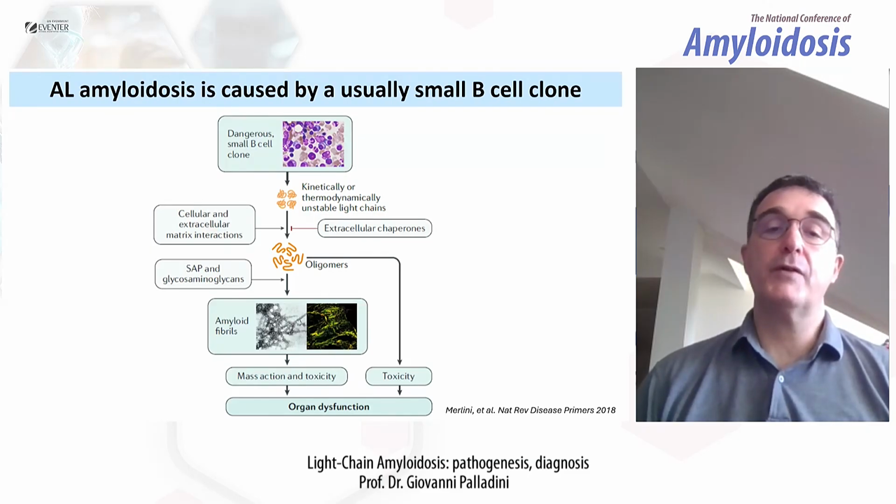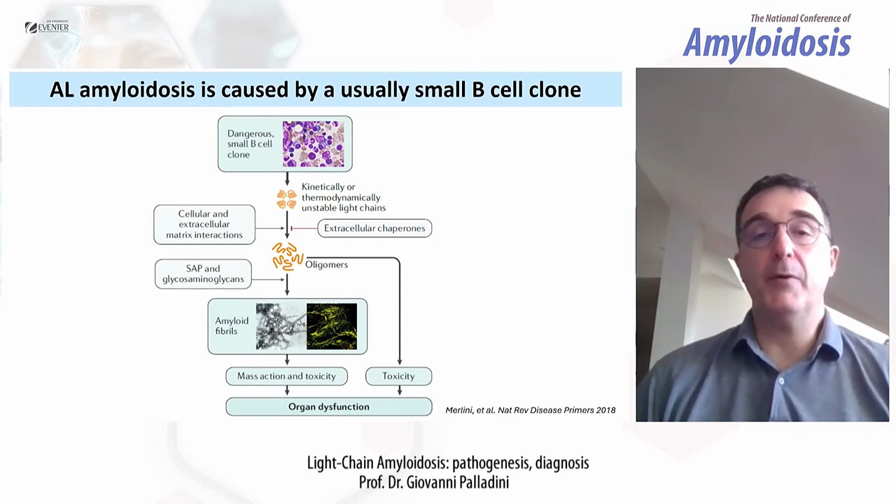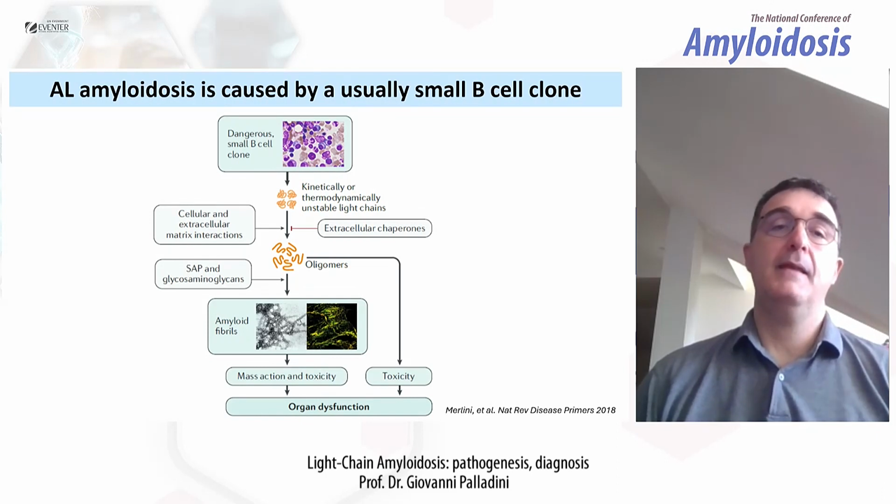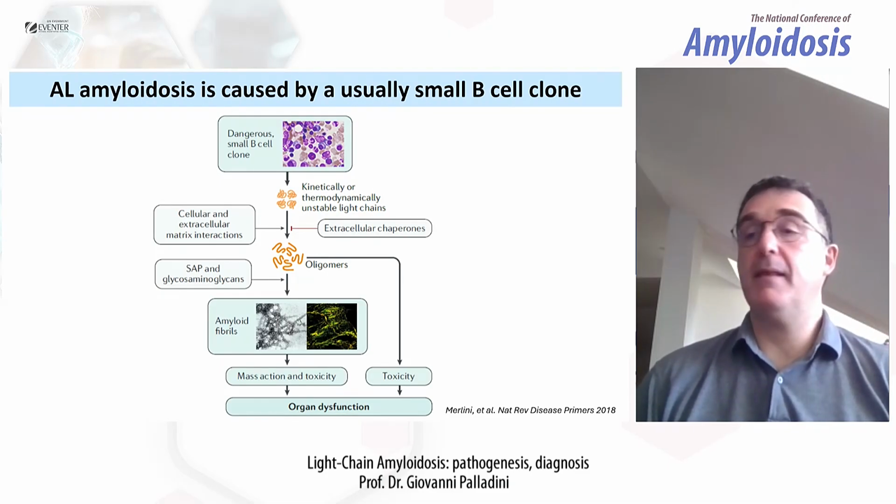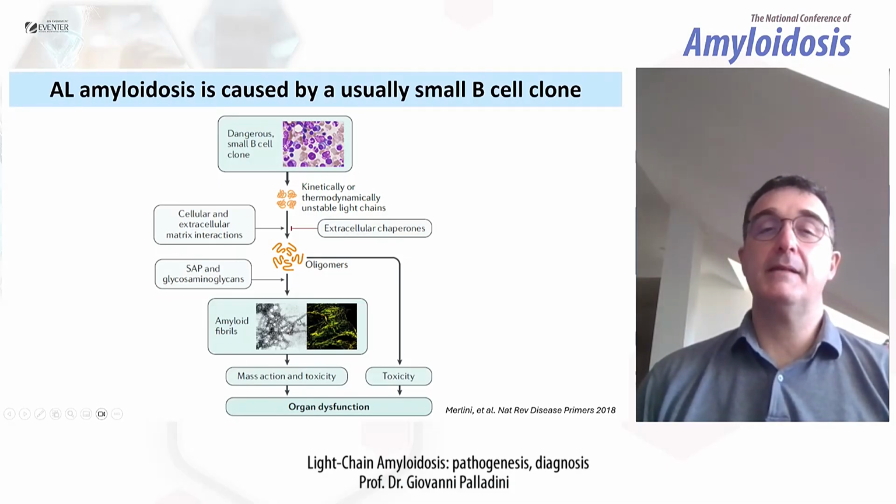And of course, it is not good to have amyloid deposits in vital organs, but particularly in AL amyloidosis, the circulating precursor or the circulating oligomers formed by the precursor at early stages can exert a direct toxicity on tissues, particularly on the heart.